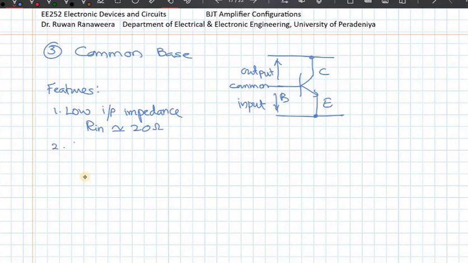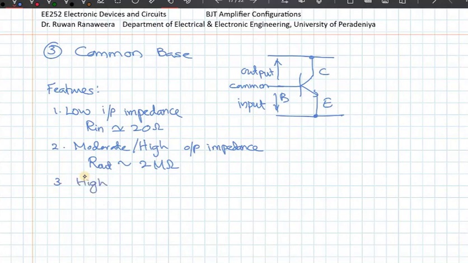Two, high or moderate to high output impedance, in the range of mega ohms, 2 mega ohms. Three, high voltage gain, AV in the range of 100, but low current gain.